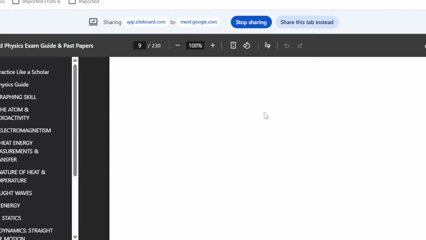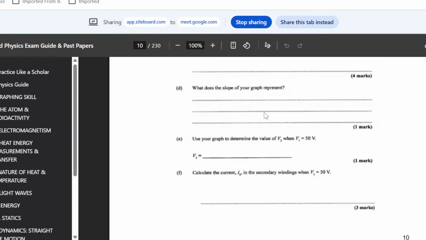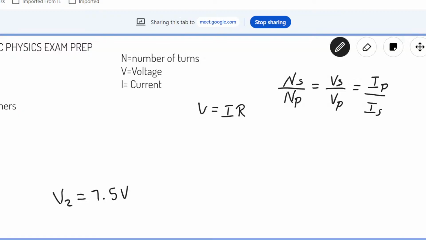I thought they gave you a power rating, but they didn't. So if we want to find the current, we'd have to use V equals IR. So the current in the secondary winding would be I equals V over R. The voltage is 7.5 and the resistance is 5.